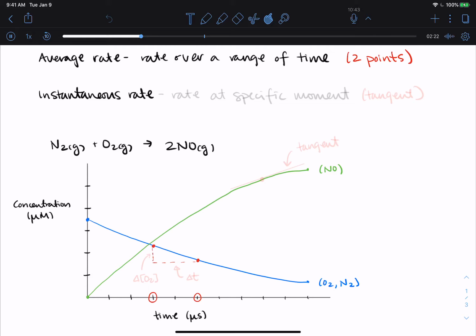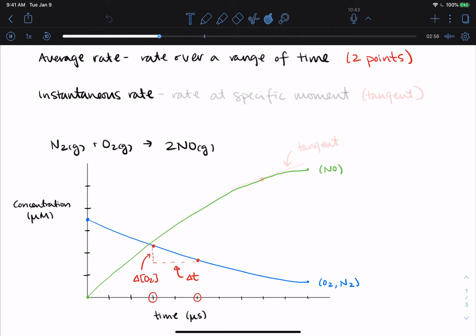This rise over run part, the rise part, the change in my y component, this is delta concentration of O2, and this change in my x component is delta T. Now, I'll need to use the reaction to get the appropriate definition of the rate in order to get the correct value for the average rate over that time period. But this is how I can pull that information out of the graph.